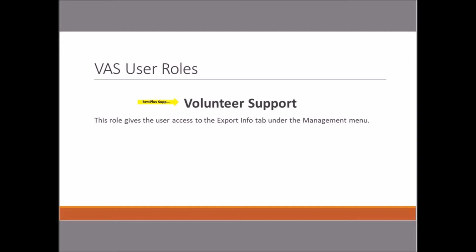So by giving that volunteer support role, that gives them access to the export info tab under your management menu so they can see your list of who's approved, who's not been approved, and who's pending. And we don't have as many issues with our volunteer portal with roles because there's not as many. So hopefully you all understand what that role's for.